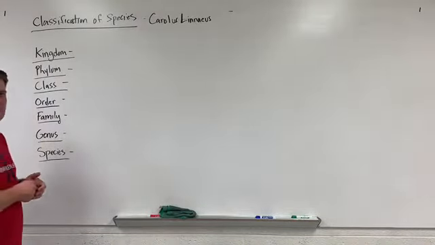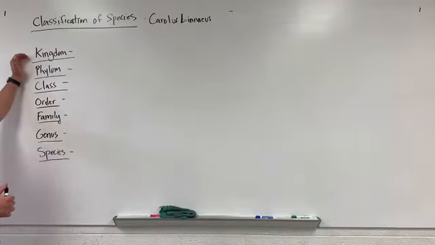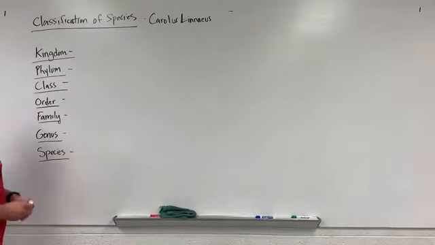So in the kingdom, this idea is that every one of our living organisms is put into one of 6 kingdoms. Now, our kingdoms have been changed over the years, but right now we have 6 kingdoms, and there's a chance that those could be made into more or less in the future, but for right now we have 6 kingdoms. So what are our 6 kingdoms?